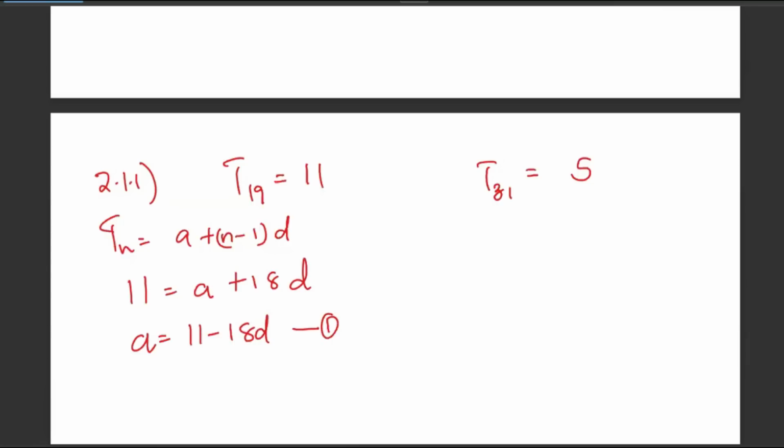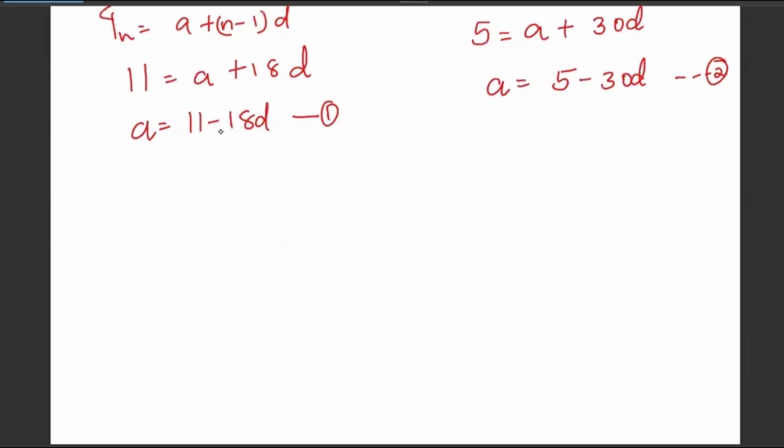Let's come to the 31st. So T31 is 5, meaning that 5 is equal to a plus 30d. You can make a the subject again, meaning that a is 5 minus 30d. This is equation number 2. Then I'll equate equation 1 to equation number 2. So 11 minus 18d must give us 5 minus 30d.